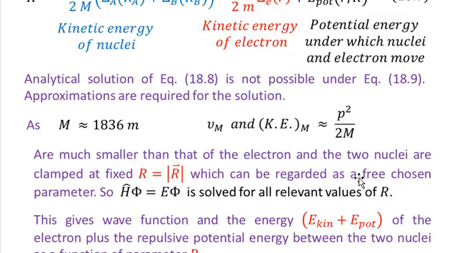So the two nuclei can be regarded as clamped at a fixed R, which can be regarded as a freely chosen parameter.